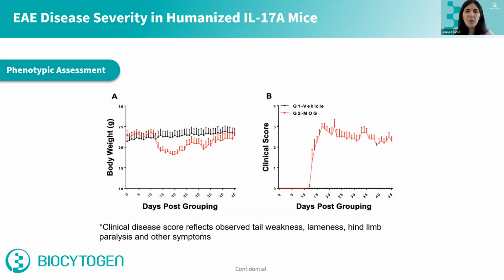Next, we sought to induce EAE in our humanized model that expresses human IL-17 in place of mouse IL-17. Again, similar to the results in wild-type mice, you can see that the MOG-treated mice have a significantly higher clinical score, shown in red, which is also reflected in the weight fluctuations observed on the left side.